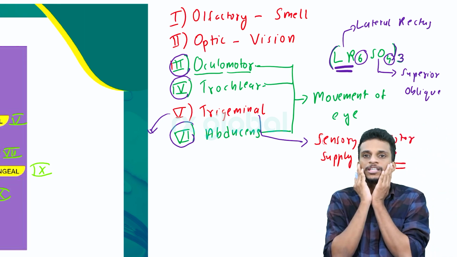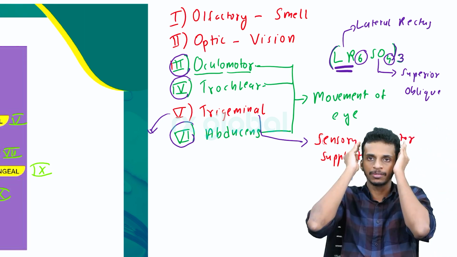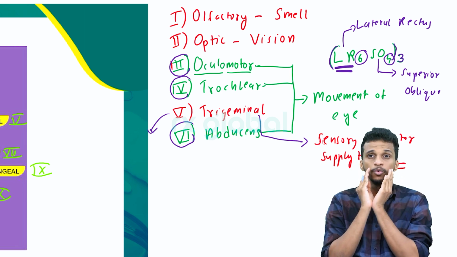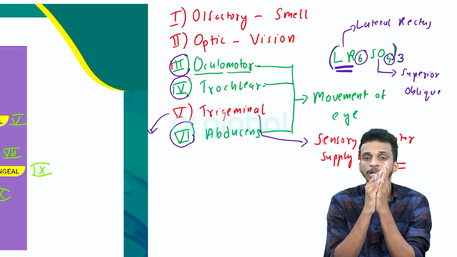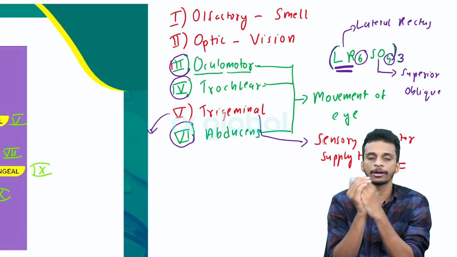All my sensations from the face are carried by the trigeminal nerve, and also the movements that I make with the muscles of the face. For example, I am opening my jaw, closing my jaw, clenching my teeth. These are all done by the trigeminal.